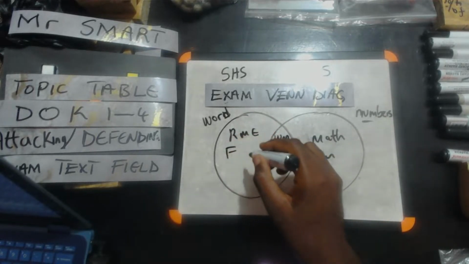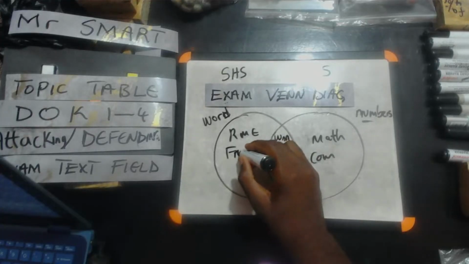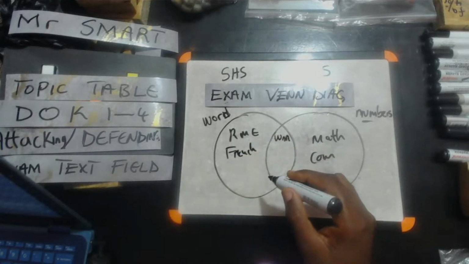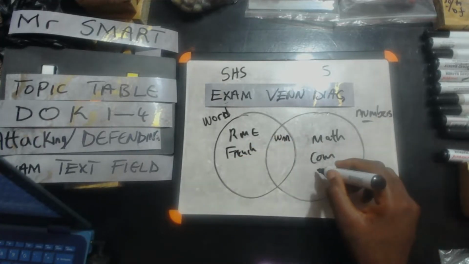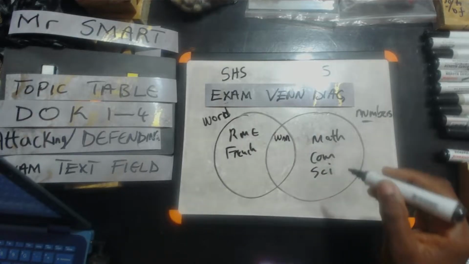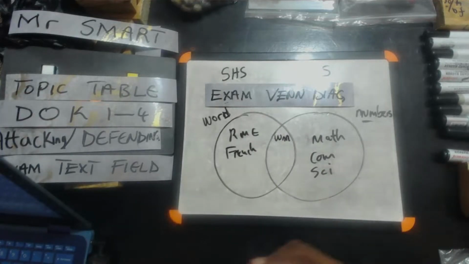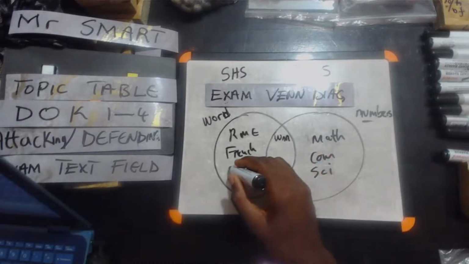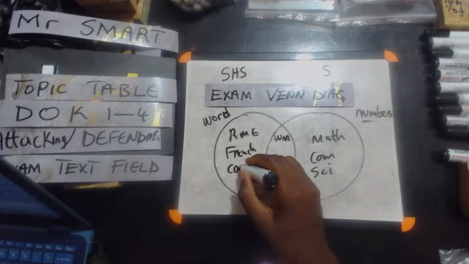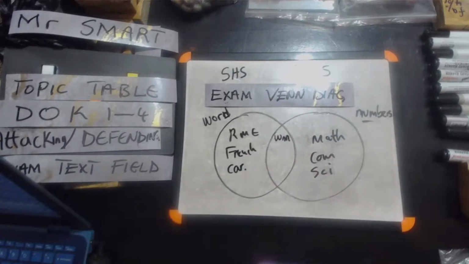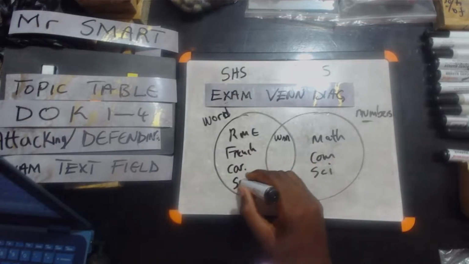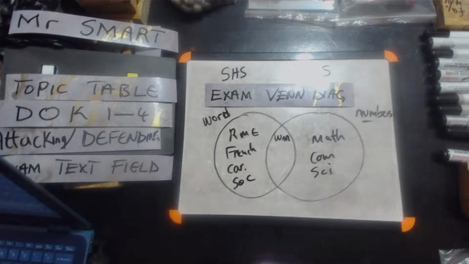Let's put French as typically word. We have science. Let's put science here because it contains a lot of analytics, which involves number. Then we have career. Let's put career here. And let's put social studies, which contains also a lot of words.